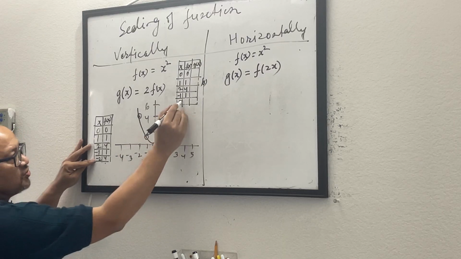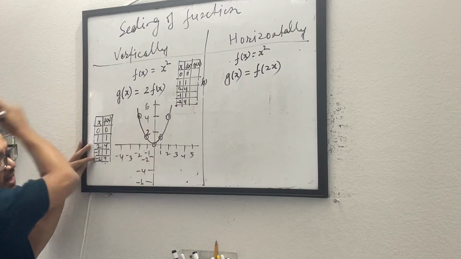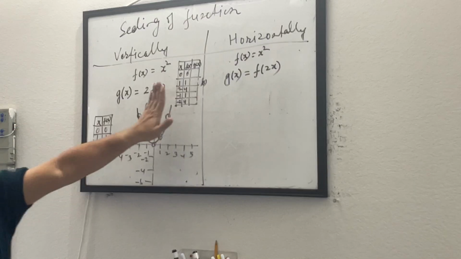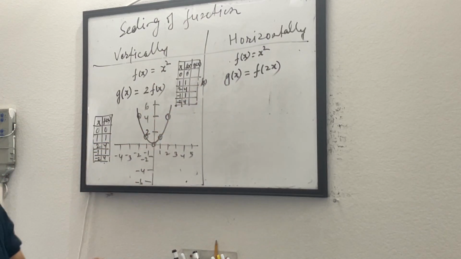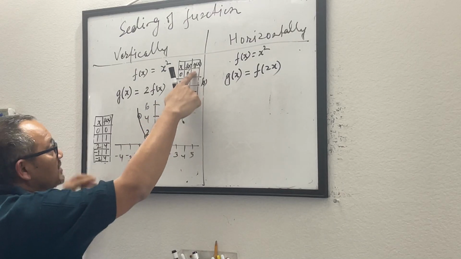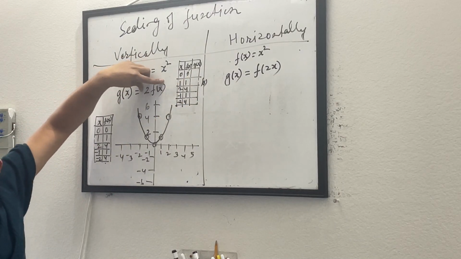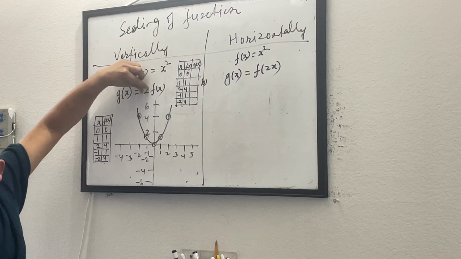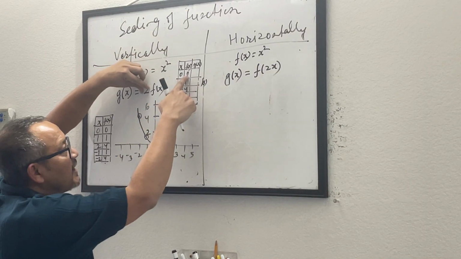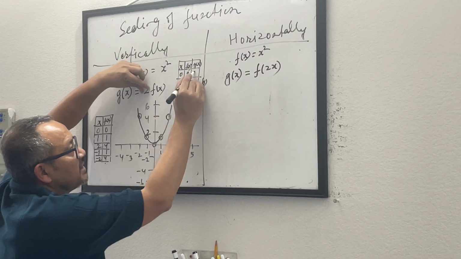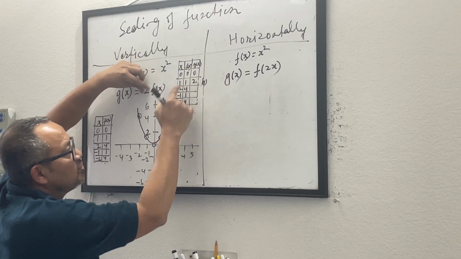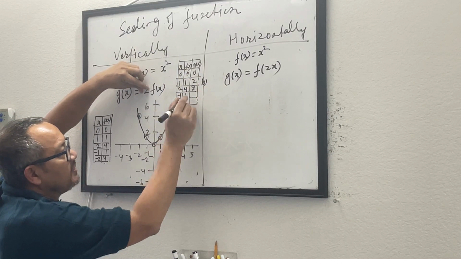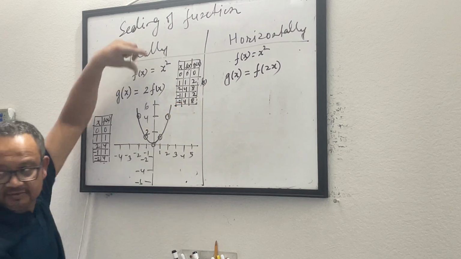When x is minus 2, f(x) is 4. I just copy pasted this table here. What I'm trying to do is find out what g(x) will be. Whatever is f(x), g(x) is 2 times of that. So whatever my f(x) value is, g(x) will be 2 times that: 0, 2, 8, 2, 8. Yeah?